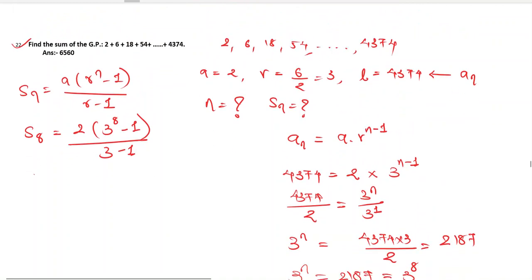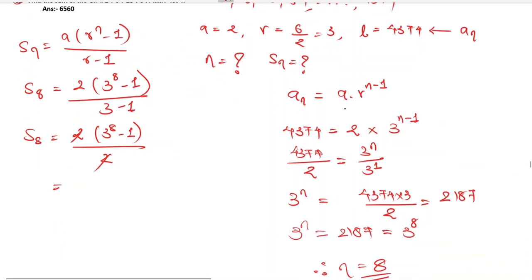Okay, so this can be written as 2 multiplied by 3 raised to 8 minus 1 upon 2, which gets cut. 3 raised to 8 we already know is, there is some mistake I have done in writing this number.